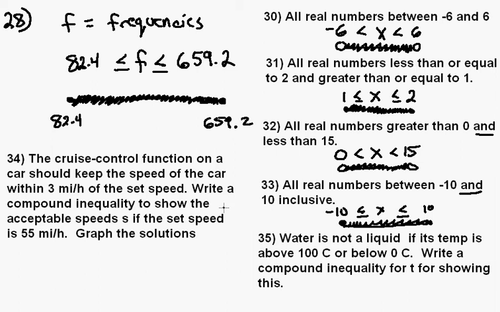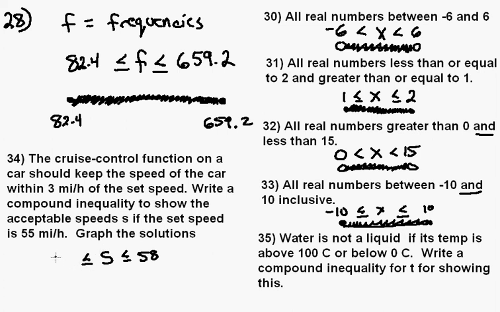All right? Number 34. The cruise control function of a car should keep the speed of the car within 3 miles an hour of the set speed. Write a compound inequality to show the acceptable speeds if S is set at 55. So think of this, if it's 3 miles an hour either way, so if S is the speed, it could be, if I go 3 miles an hour faster, that's 58, right? 55 plus 3 is 58, so S is going to be less than or equal to 58, and then if it's 3 miles an hour slower, 55 minus 3 is 52.